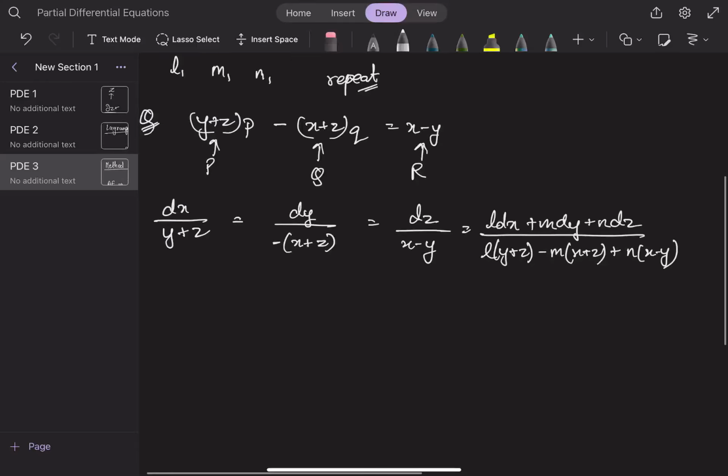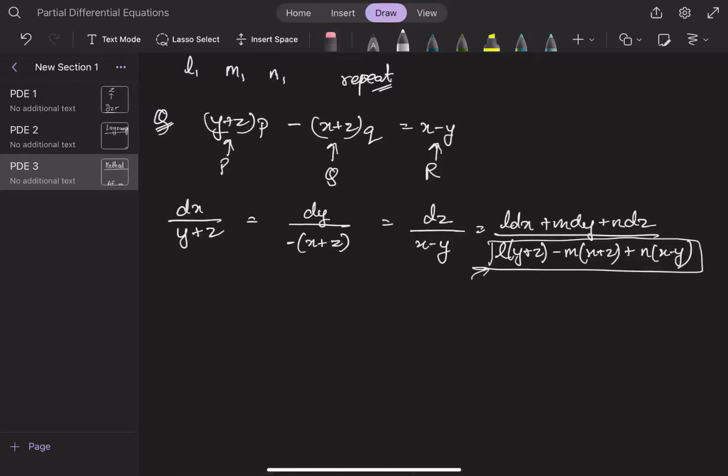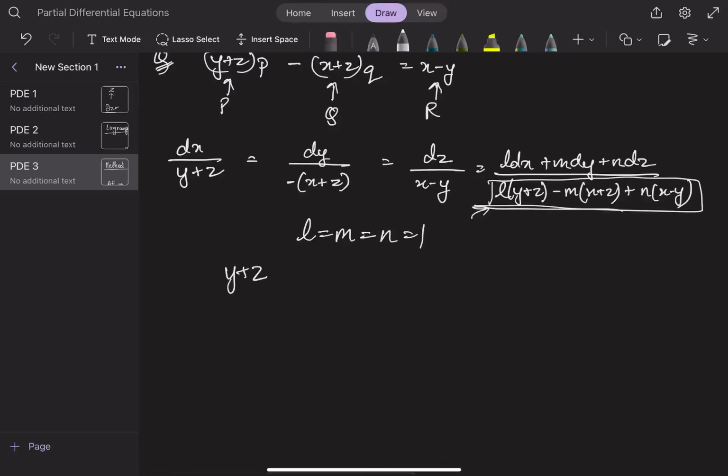So now let's look at this denominator and choose elements such that this becomes 0. So here I can see if I take l is equal to m is equal to n is equal to 1, this will become 0. Let's try it out. So y plus z minus x minus z plus x minus y.